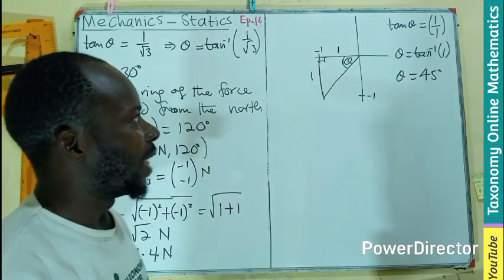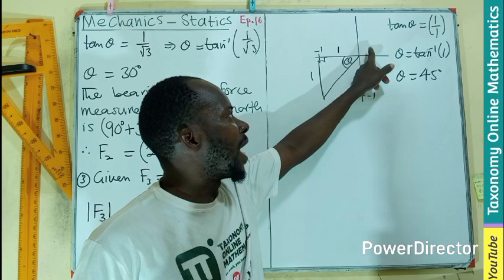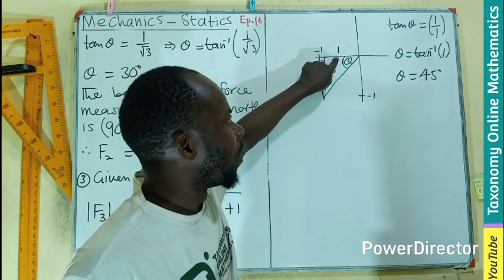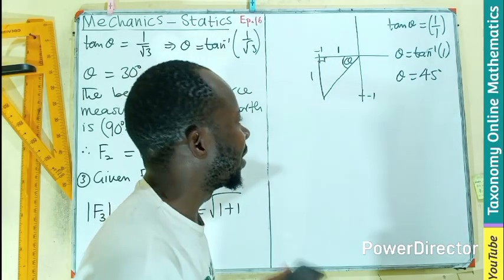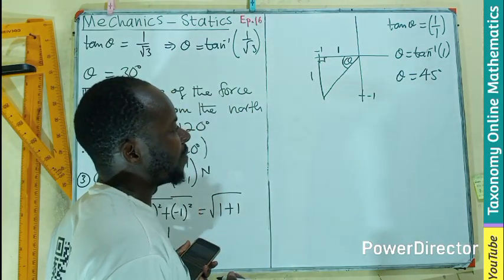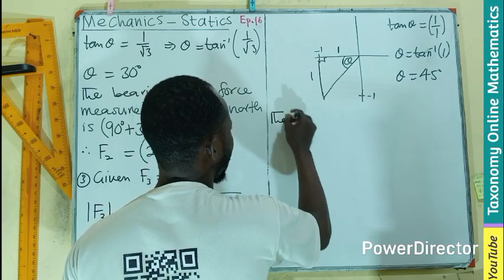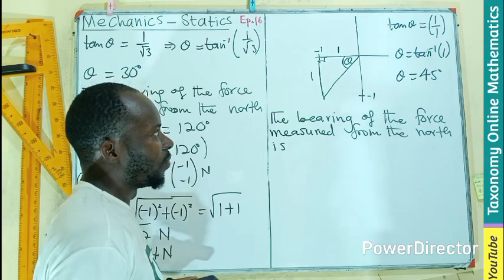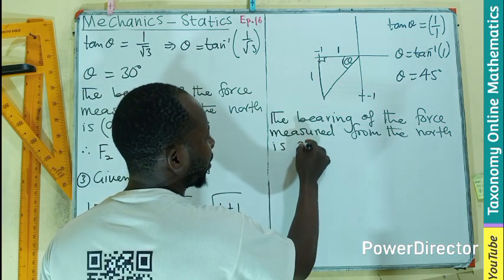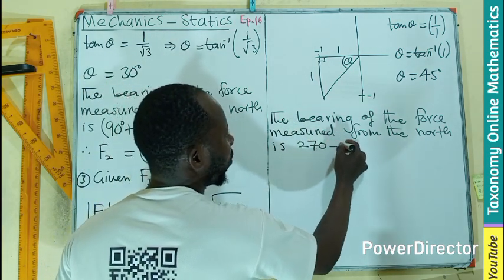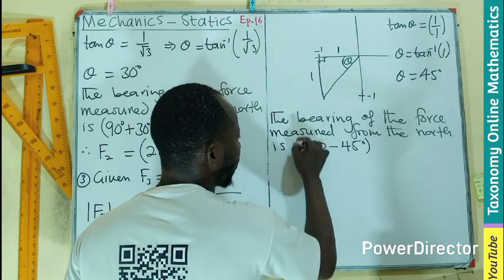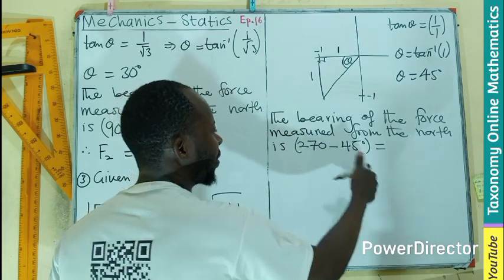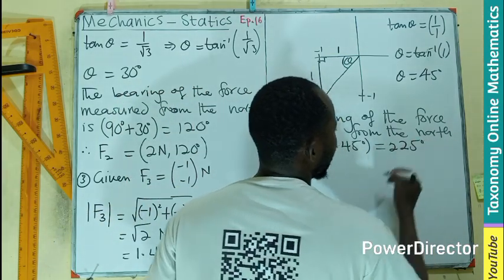We are in the third quadrant. So we have 90, 90, this angle, or the whole of this is supposed to be 270. So we subtract the 45 from it. So the bearing that we are going to have measuring from the north is going to be 270 minus what? 45 degrees. And that will be giving you, I think, 225. If you put 2 here, 16, so 225 what? Degrees.